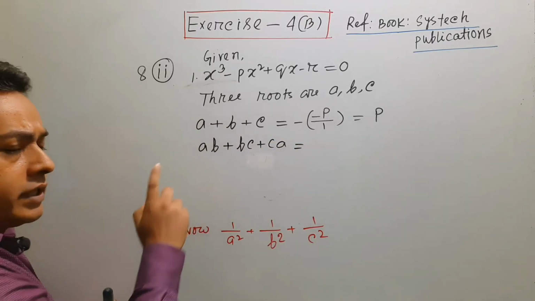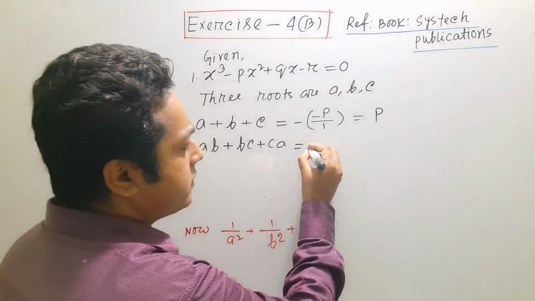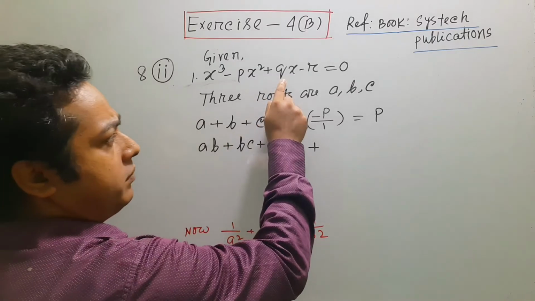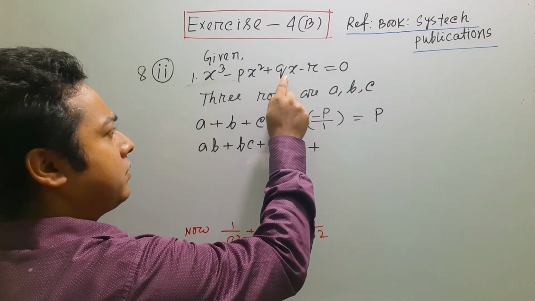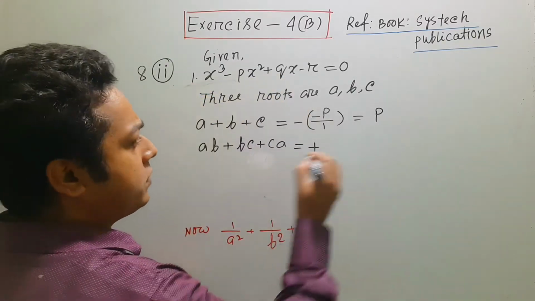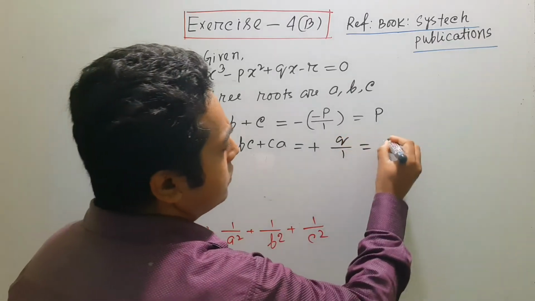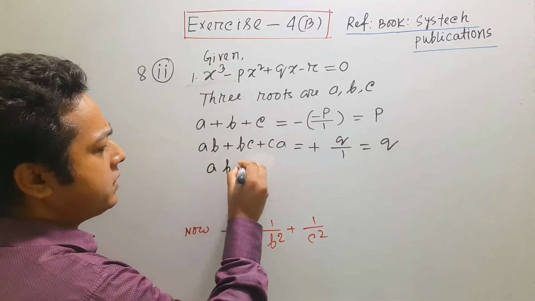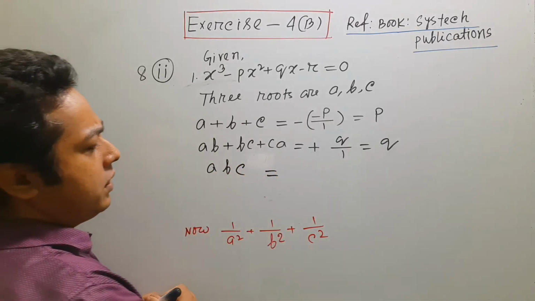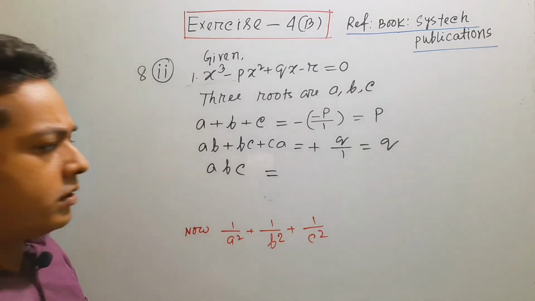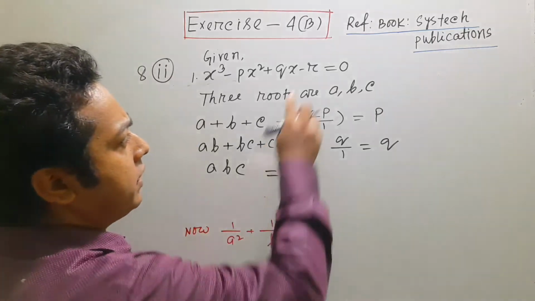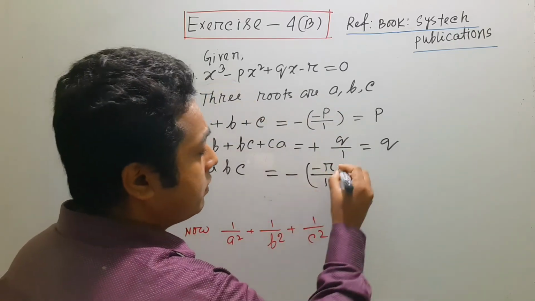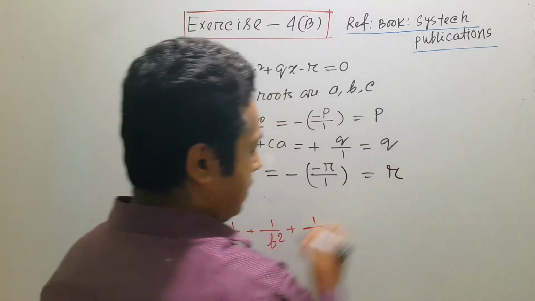Taking 2 roots, so the sign is plus. And the coefficient of this term divided by the first, q divided by 1, is equal to q. Now taking 3, abc: this is odd, so the sign is minus, and the constant term is minus r, and the first term is 1, so it will be r.